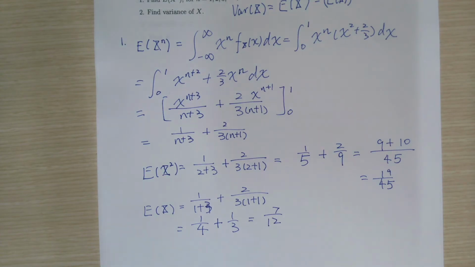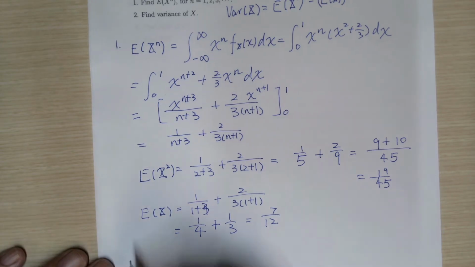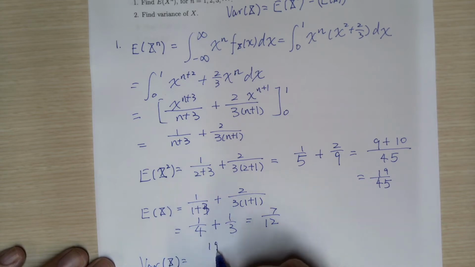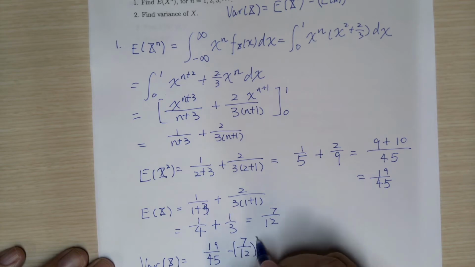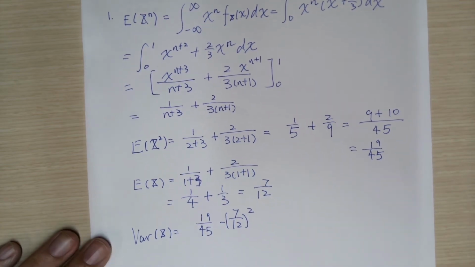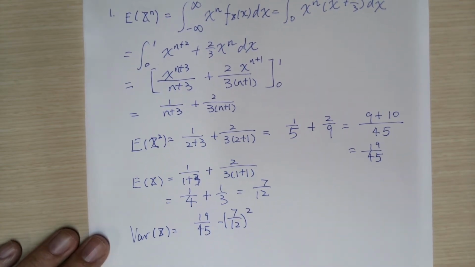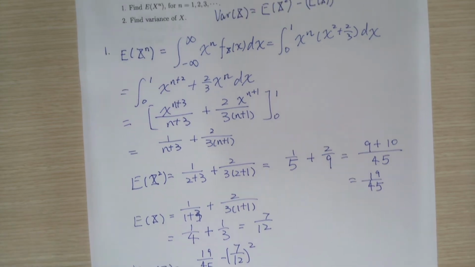So, after that, all you need to do is just the variance, which is 19 over 45 minus 7 over 12 squared. Okay. I mean, you can leave your answer like that. That's fine. So that's number 2.